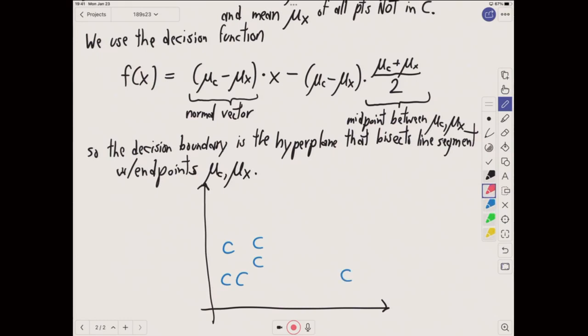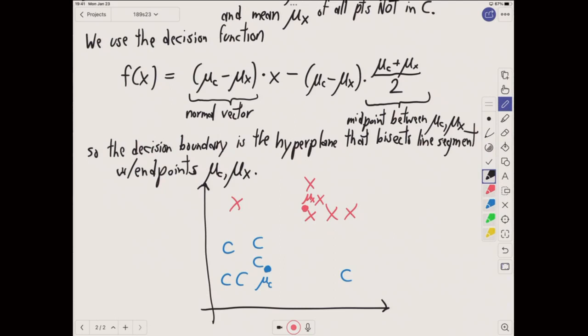And a bunch of points called X. All right, so if I compute the midpoint of all of the points in class C, maybe I get that this is mu of C. And if I compute the centroid of all the points in class X, maybe I get that this is mu of X.